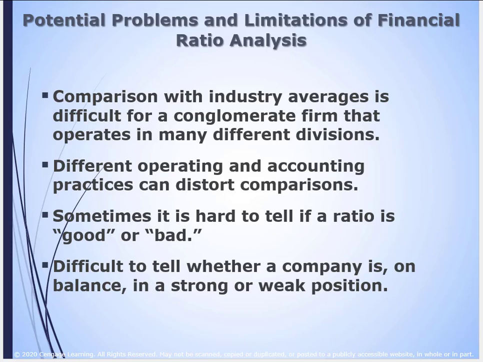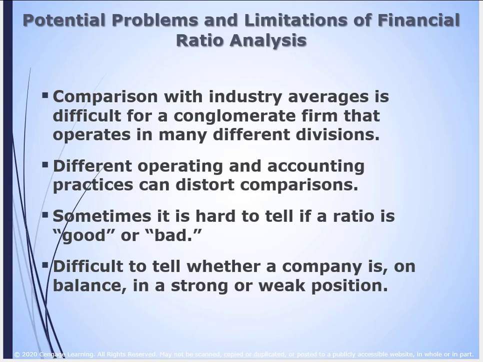So comparing Anheuser-Busch to Molson Coors, for instance, isn't a straightforward kind of comparison. There's going to be a little muddiness, if you will, in any analysis that we have. We also have to look for different types of practices in operation, both accounting and operations.